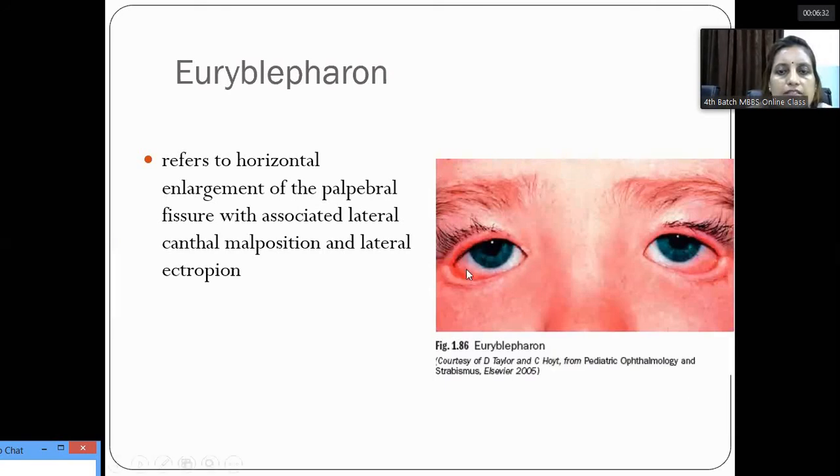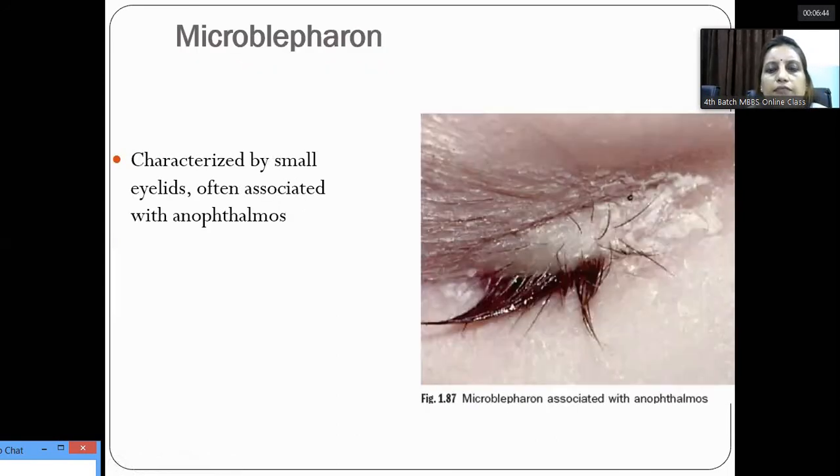This is increased on the lateral side. You can see the lateral ectropion, that is the lid margin is reverted outward. And microblepharon is small eyelids associated with anophthalmos. So if the eye is small, you can see the eyelid is small.